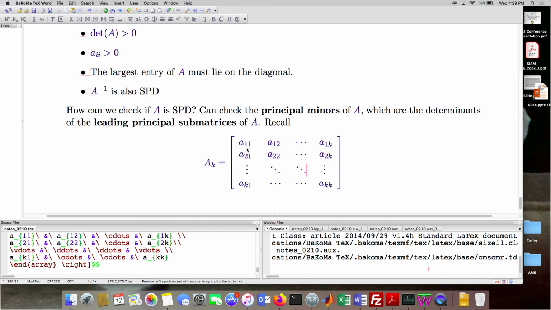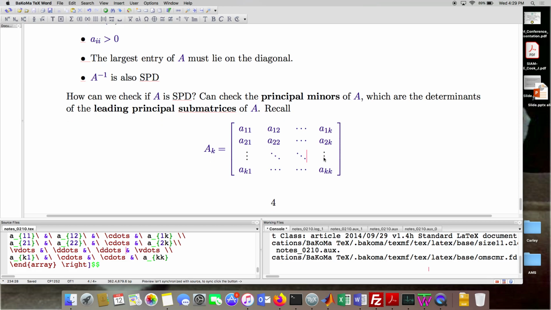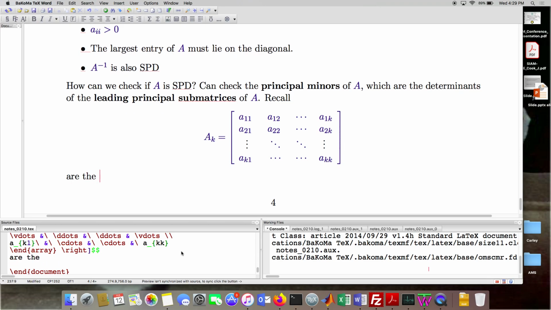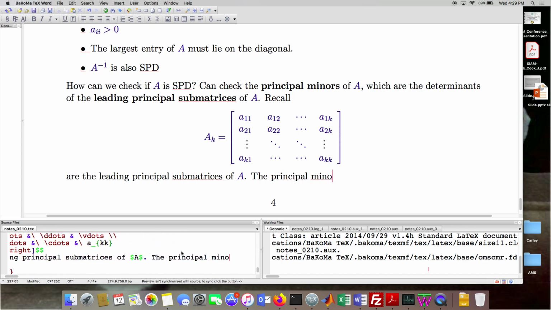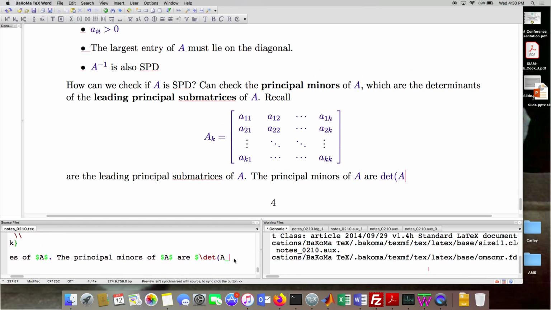You're taking the first k rows and the first k columns of A, so it's a k by k matrix. These are the leading principal submatrices. The principal minors are just their determinants, and I'll call these m sub k.